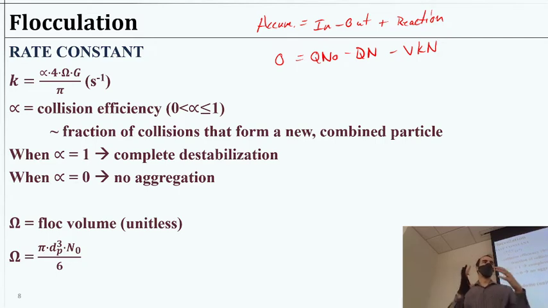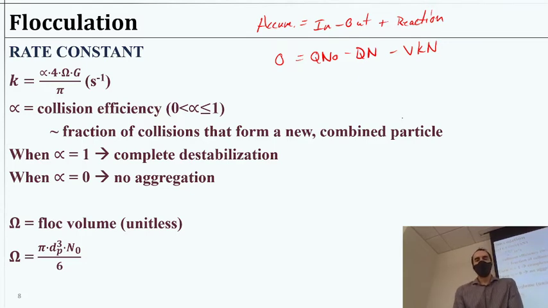Remember back to sedimentation, the goal is to use gravity for what we can, then go through this coagulation flocculation process and do sedimentation again. So all of this is geared towards causing the destabilization, having them stick together, and then forming these larger particles that we can settle. So we need to know how long that's going to take, how big the particles are going to get, all of that.